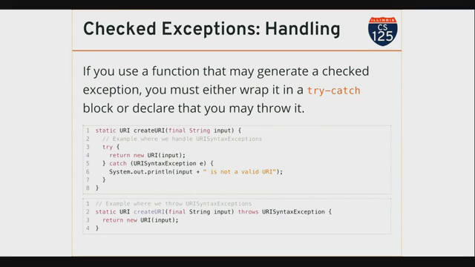Sometimes this isn't the right place to handle this problem. In that case, I can throw it. So now I'm allowed to call the constructor to create a URI and pass it a string. This constructor generates this exception. Now I'm allowed to call that constructor, but in order to do that, I've had to declare that my function can now throw a URI syntax exception.